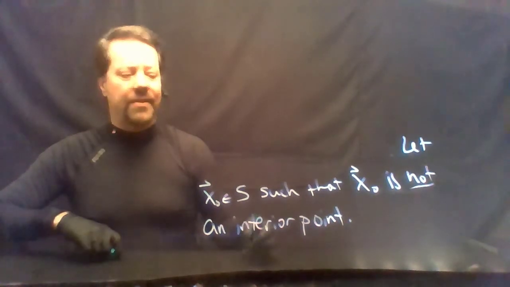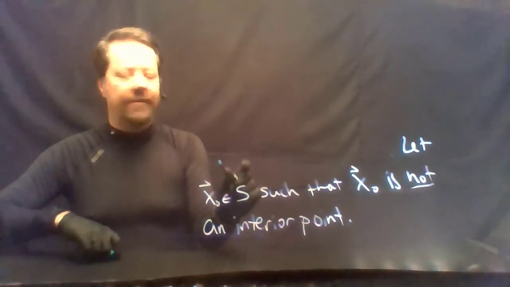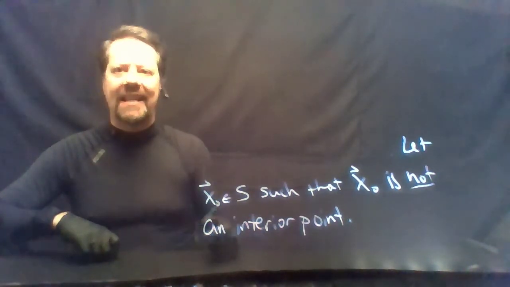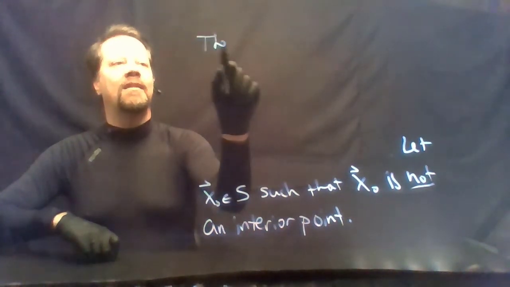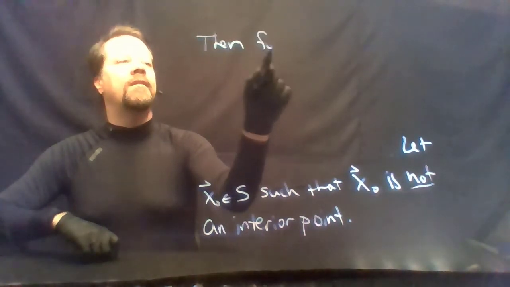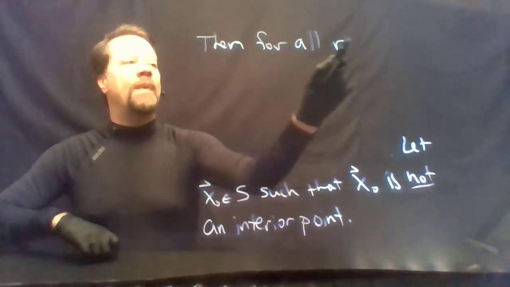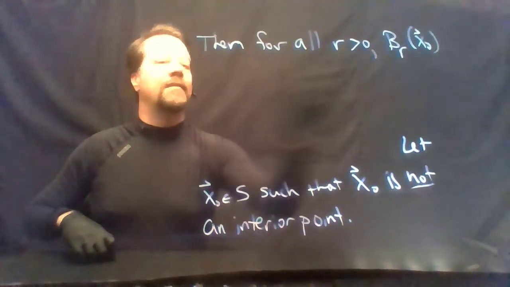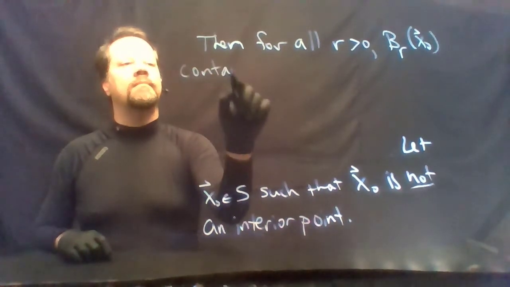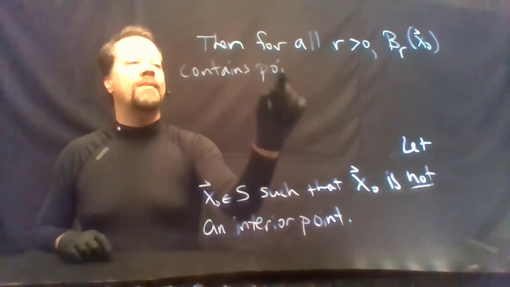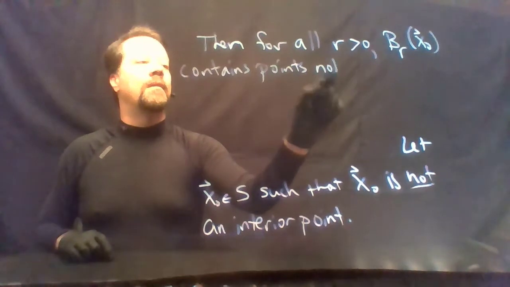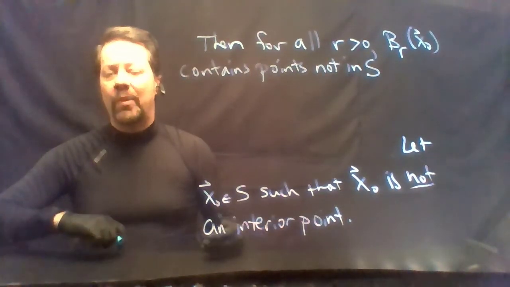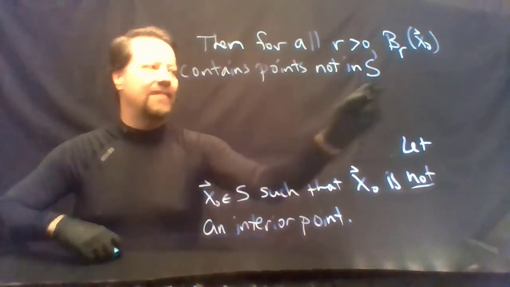Remember, interior points are such that you can find a radius small enough so that an open ball around that point of that radius will be entirely contained within that set. Then for all positive radii, the ball of radius r centered at x naught contains points not in S, but it also contains the point x naught, and x naught is in S.